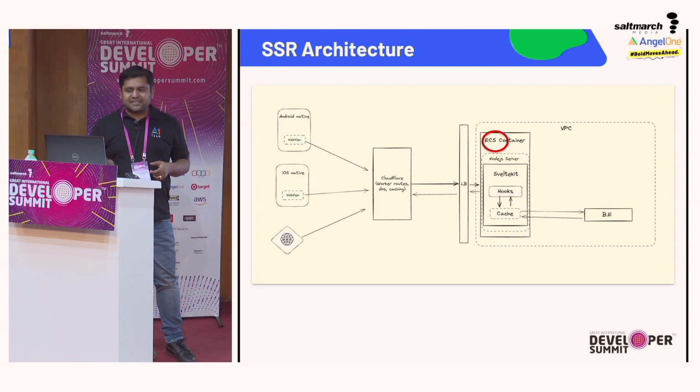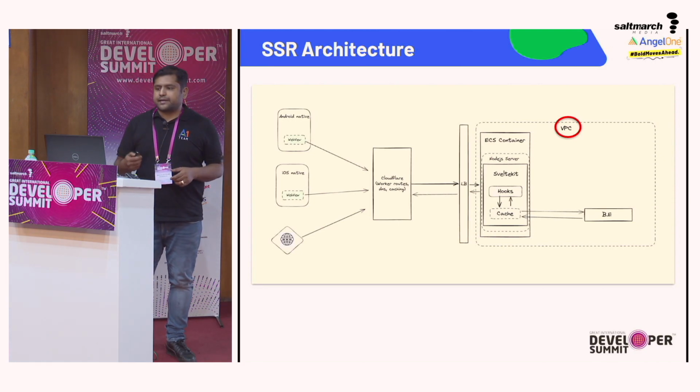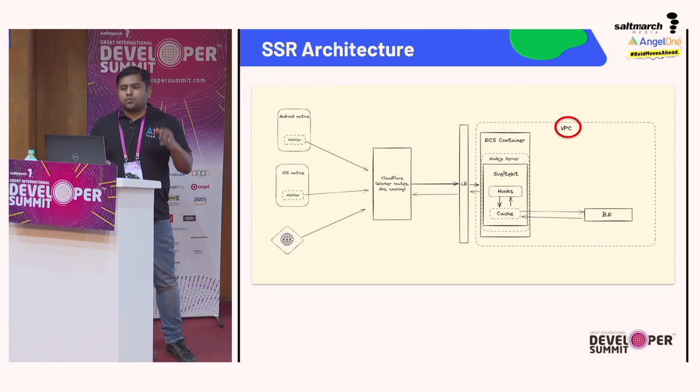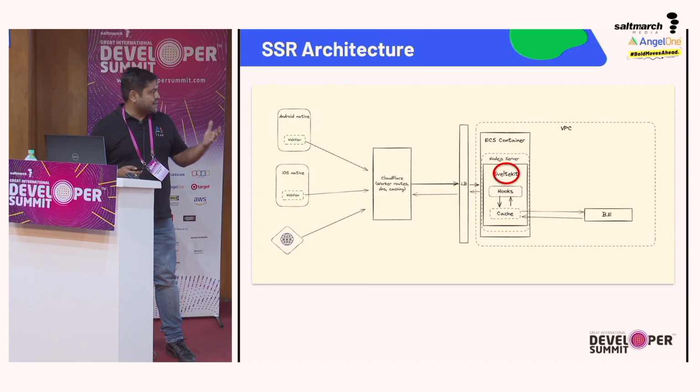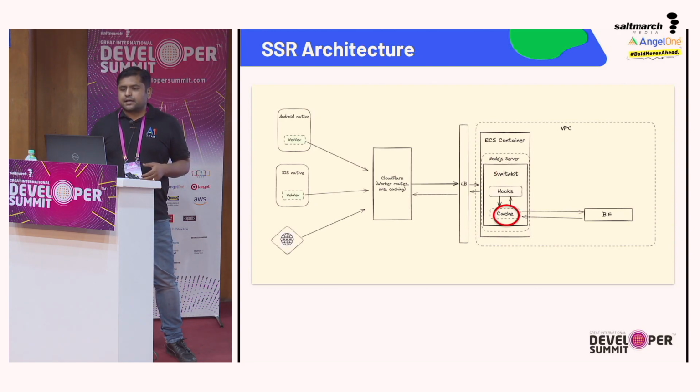Also, our ECS container and our backend are both inside the same VPC. I will come to the details of how we are leveraging this setup later during the talk. Once the load balancer forwards the request to SvelteKit, SvelteKit gets the data either from the cache or by calling a backend API, creates the HTML, and we send it back to the client.